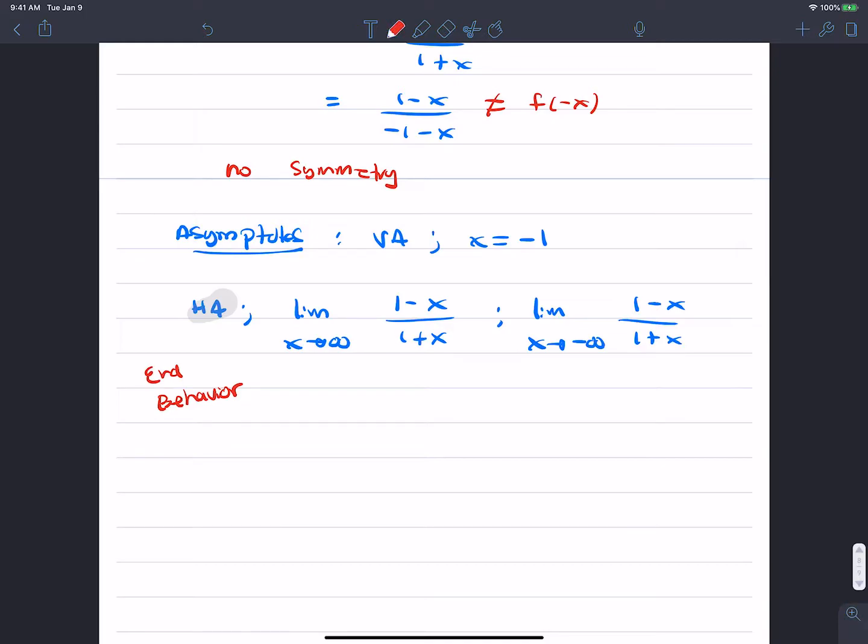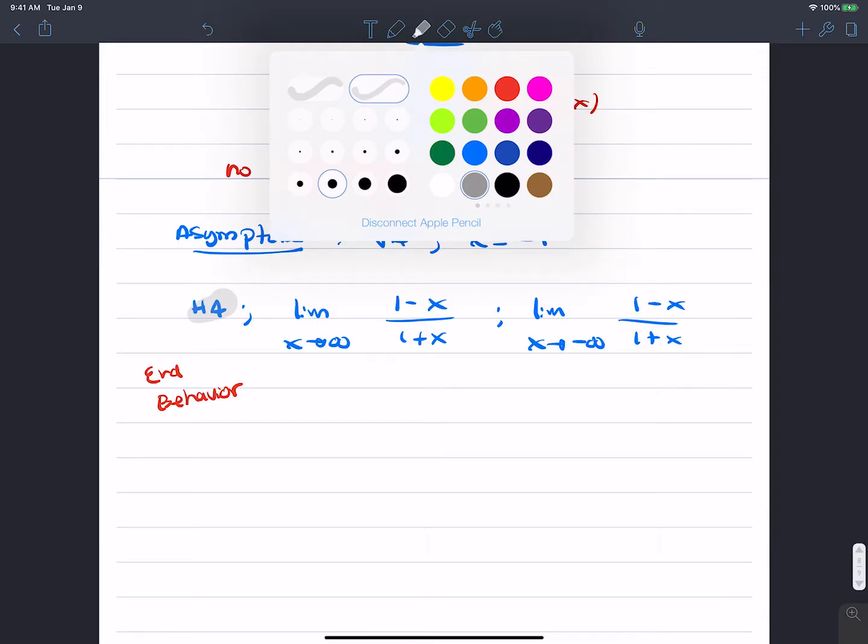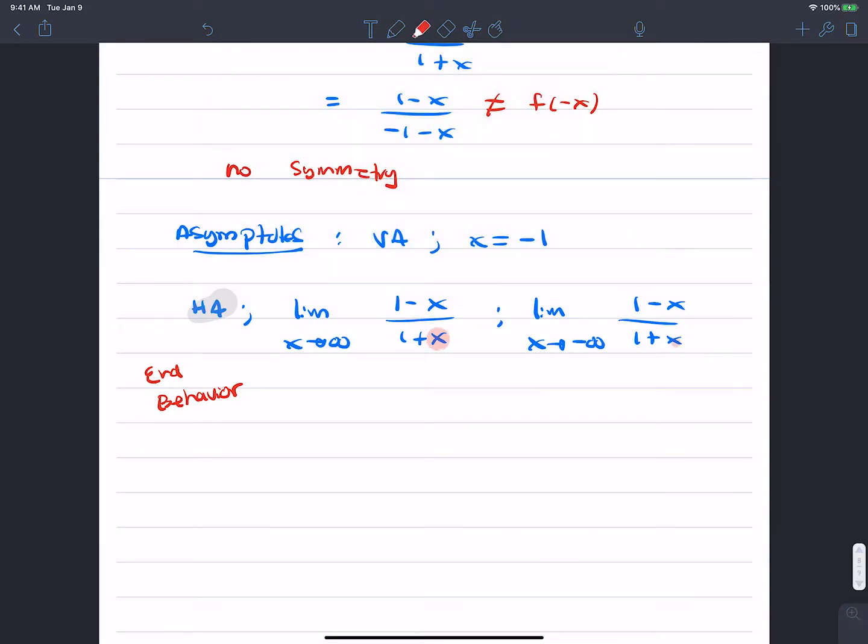So, if you guys remember, how do you take limits at infinity here, right? Do you guys remember? You always divide by what? The variable with the highest power in the denominator. And you divide every term with that. So, this limit, x goes to infinity, 1 minus x over that x, 1 plus x over that x.